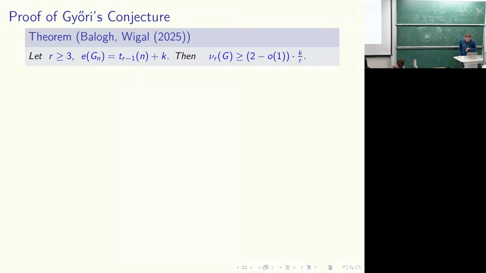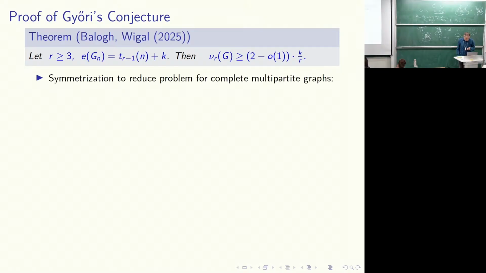Okay, so I will try to give more details and maybe try to become a little bit clearer. So let's go back to the first result. We want to prove that if we have the Turán number plus k many edges, then we can find many pairwise edge disjoint complete graphs K_r.